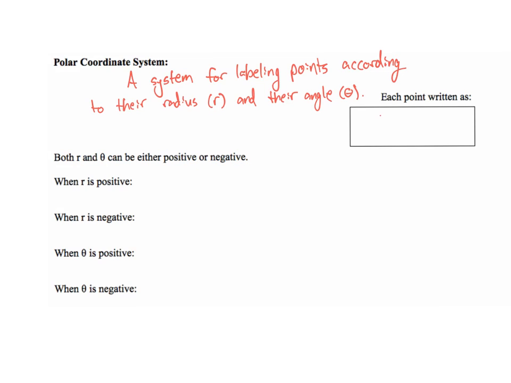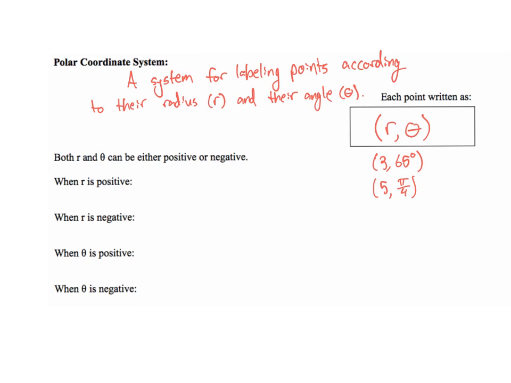And then each point is written in a coordinate pair like this, r comma theta, instead of x and y. So you might see something written like 3 comma 65 degrees, or you might see something written as 5 comma pi over 4 radians. Those are all examples of polar coordinates.